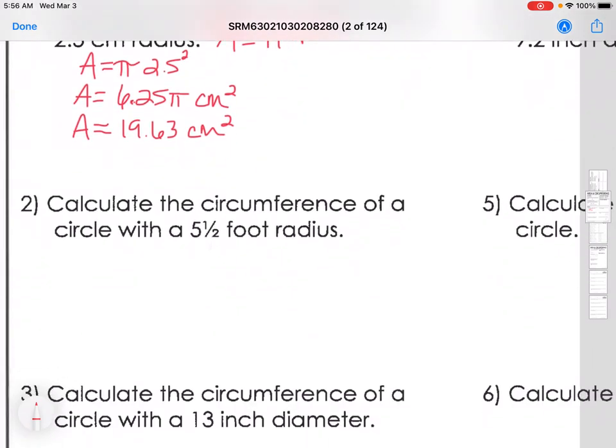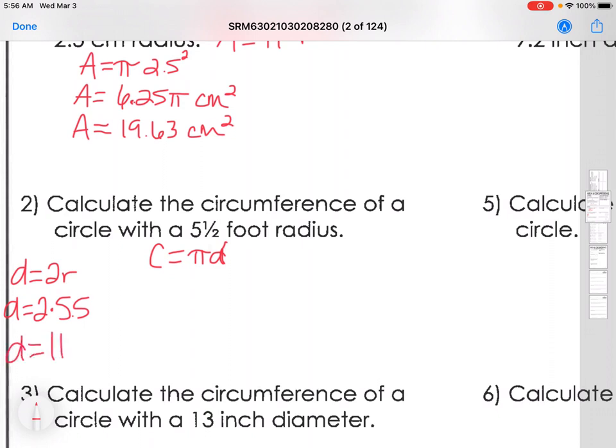Number 2 says calculate the circumference of a circle with a 5.5 foot radius. So circumference is pi times diameter. And it gives me the radius. So I know diameter is the radius times 2. So 2 times 5.5, which is 11.